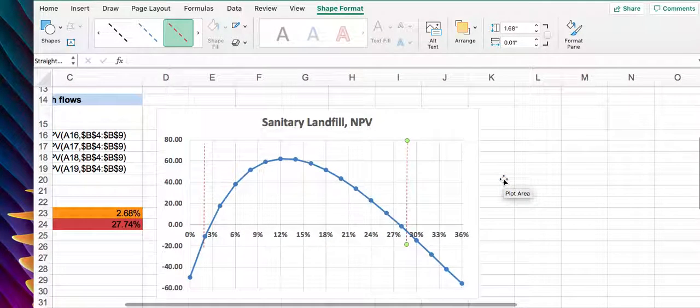But because in this case there are two internal rate of returns, the IRR rule is impossible to apply. So in practical terms, this means that when a project has more than one internal rate of return, you should determine its attractiveness only by using the net present value rule.